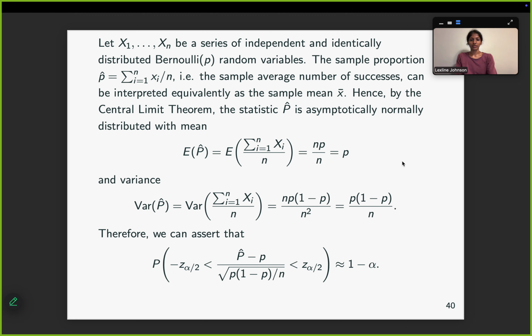Here we can see that the mean is P and the variance is P times 1 minus P divided by N. And so we can come up with our test statistic, which is down here, where our test statistic should be between negative z alpha divided by 2 and z alpha divided by 2.